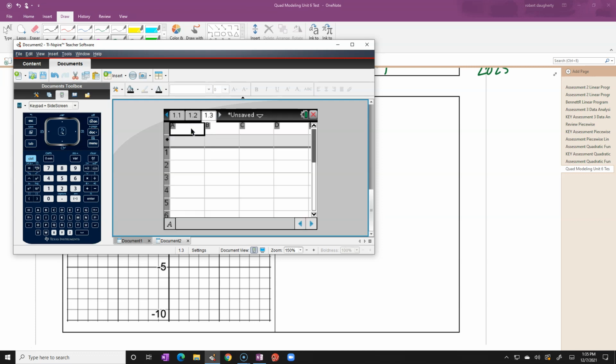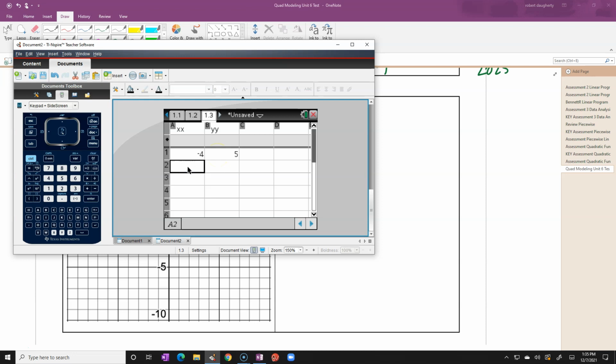So I'm going to have my x points and I'm going to have y points. And so those x coordinates and y coordinates are going to be what? Negative 4, 5.